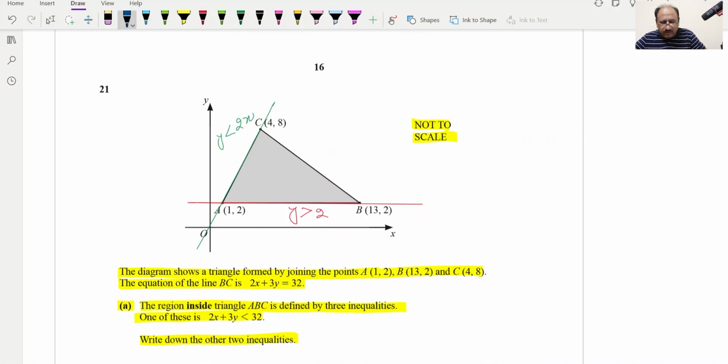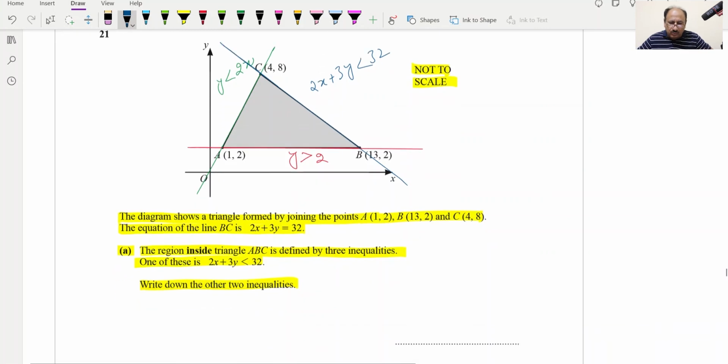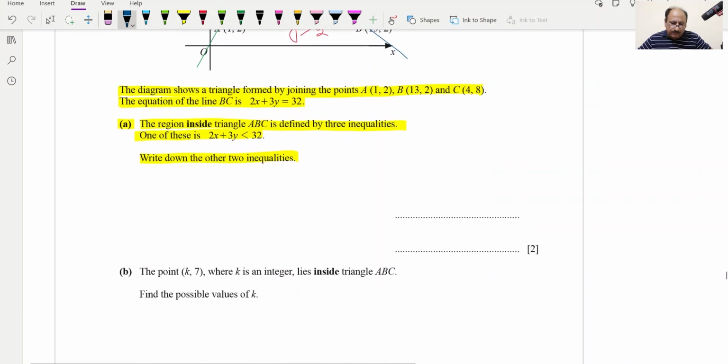And the third line, which is provided to us, is 2x plus 3y is equal to 32, or less than 32, which is required. So we can write it as less than 32, and this is the inequality.